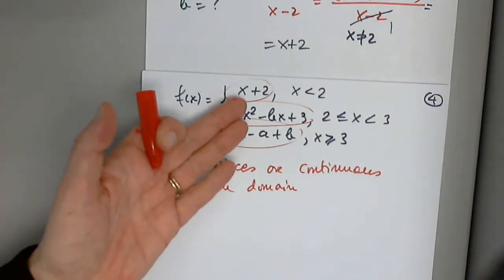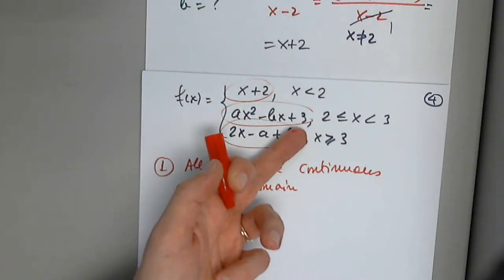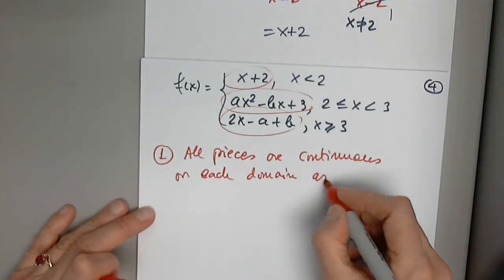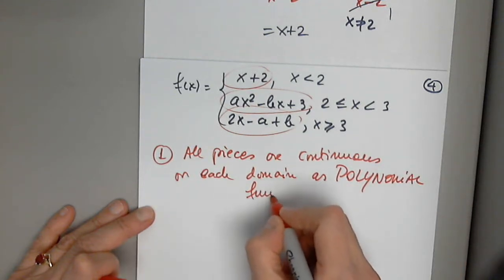Or you can say x plus 2 is continuous here, this second branch is continuous here, the third branch is continuous here, as polynomial functions.